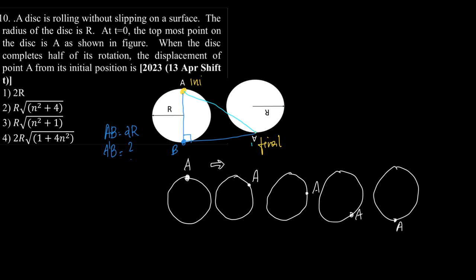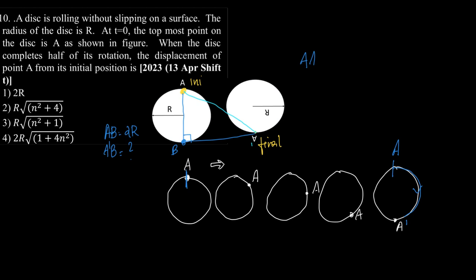So which means the initial position of A was moving along the circumference of the circle, and then it reached the final destination. But even when it has reached the final destination, it is still along the circumference. And if you observe well, if it started at A, when it ends at A dash, what we need to understand is it has actually moved half of its circumference.